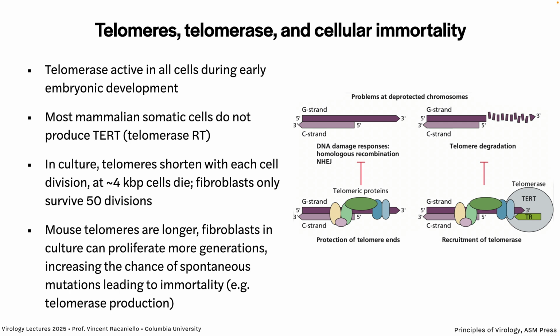Telomeres, of course, are the ends of the chromosomes. And here's the end of a chromosome, and the telomere is protecting it. In fact, the telomere is a complicated structure consisting of a variety of proteins, including telomerase, which contains a reverse transcriptase activity.